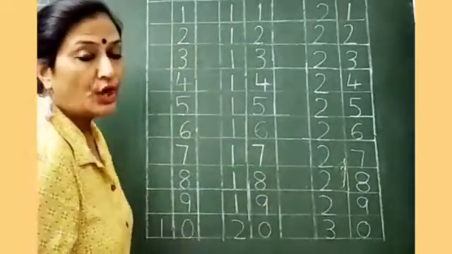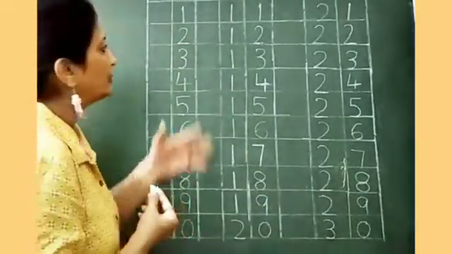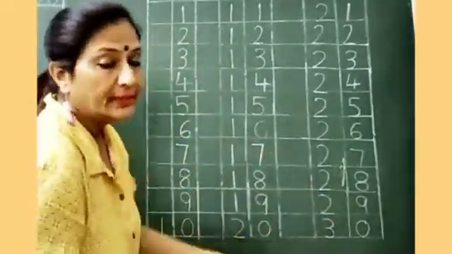This way, in your notebook, you will write the numbers from 1 to 30.